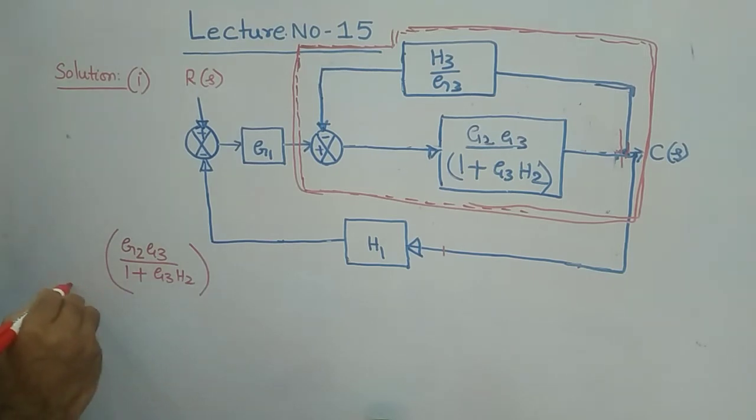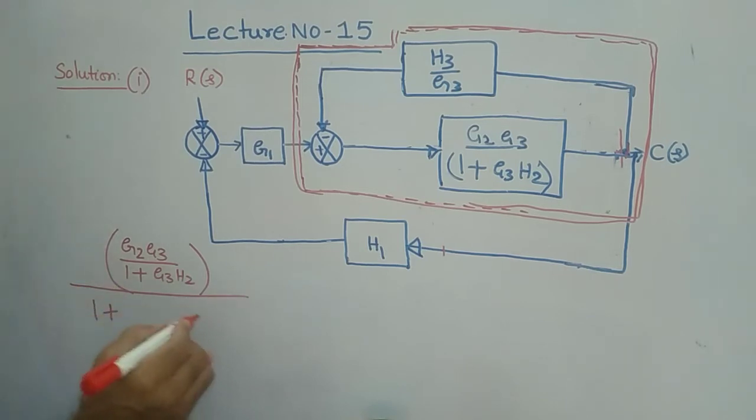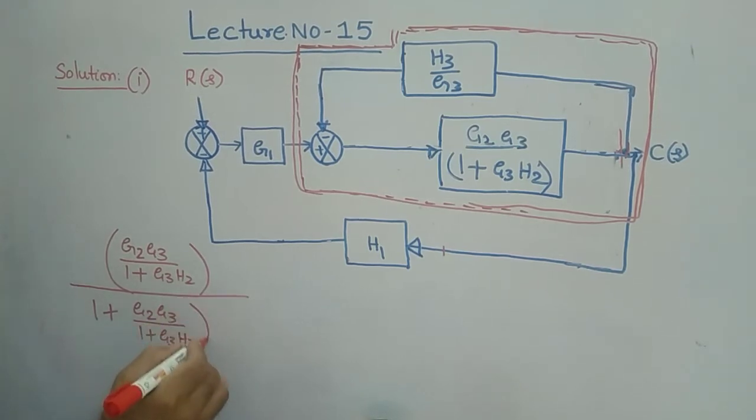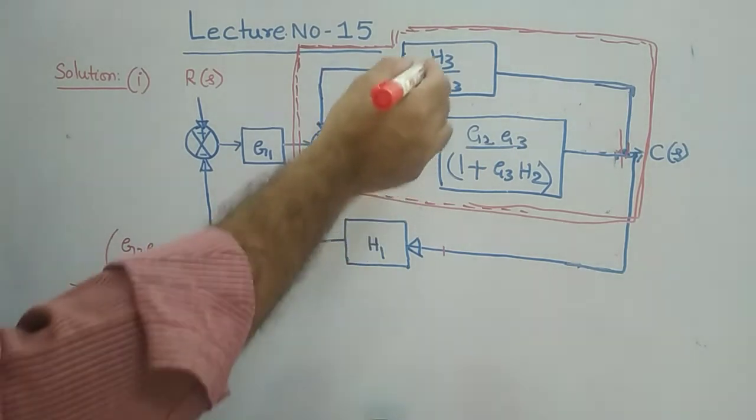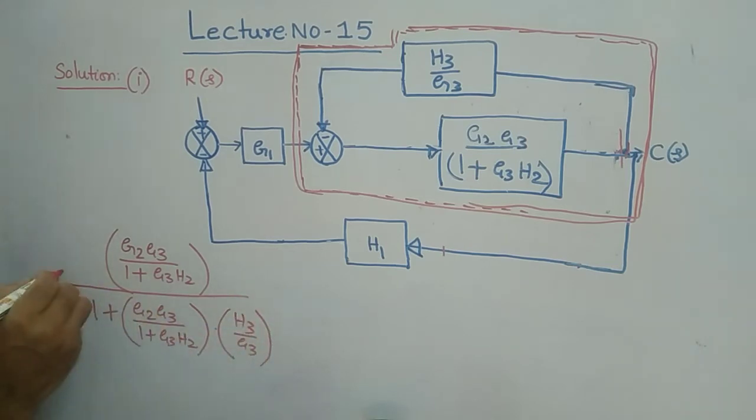This is your gain by 1 plus gain into H. Gain means again this entire thing you have to write, G2 G3 by 1 plus G3 H2. This is gain into feedback, H3 by G3, into H3 by G3. This is what this is equal to, is it not?